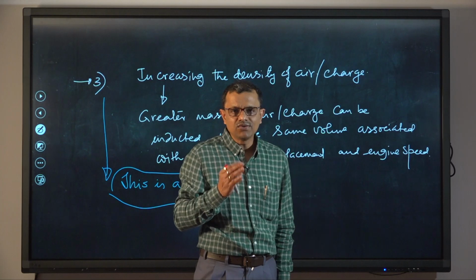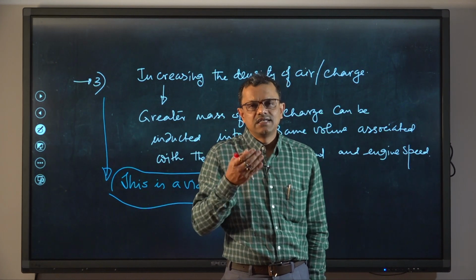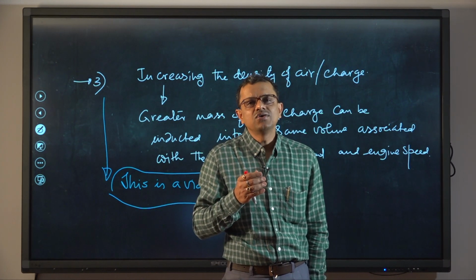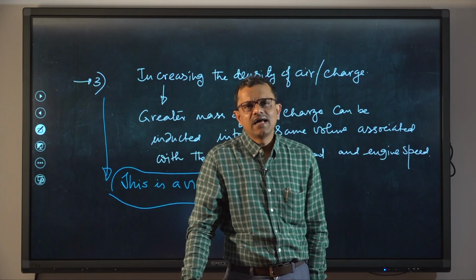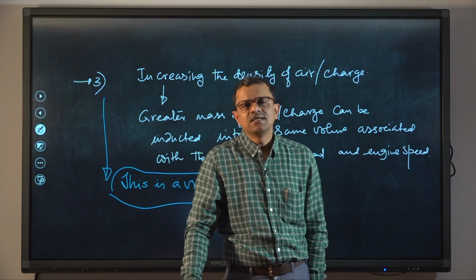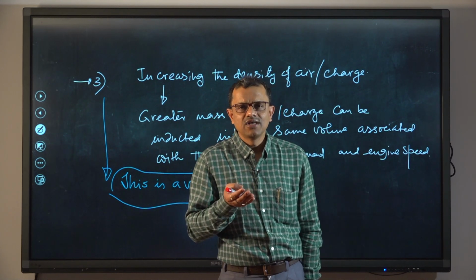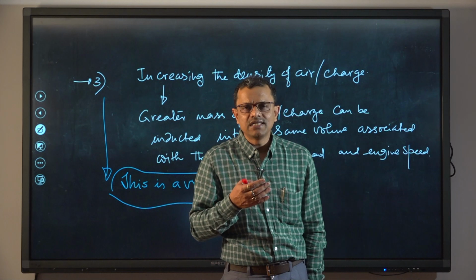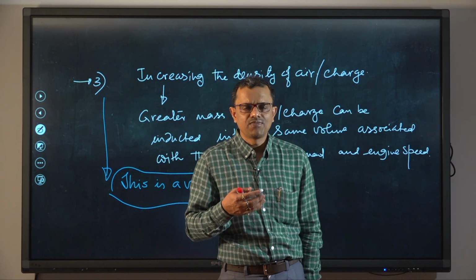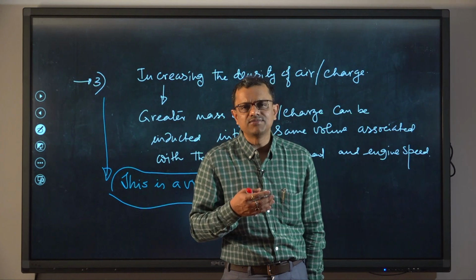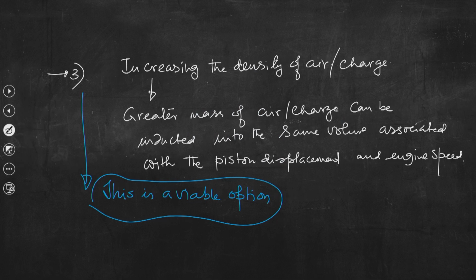That means we need to use a mechanical device to increase the density of the incoming intake air, and that can be done by increasing the pressure. If we increase the pressure, density will increase, and if the density increases, mass air consumption will be higher, and a higher amount of fuel can be burned. So this is what it is.